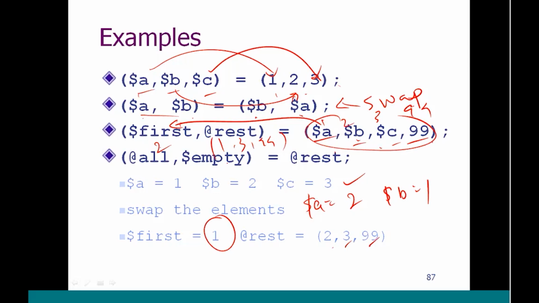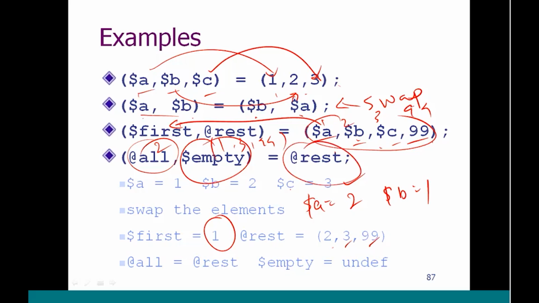Now you can also have an array followed by a scalar variable inside the assignment. In this case, @all and $empty: @all contains all of the elements from @rest, which in this case will be 2 3 and 99. And then $empty returns undef.